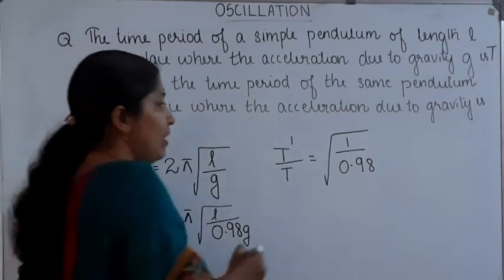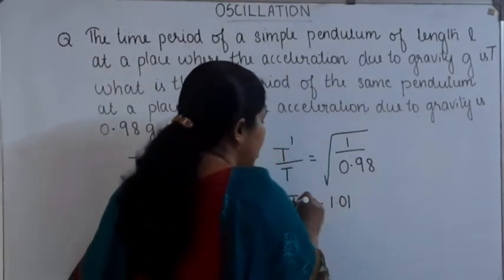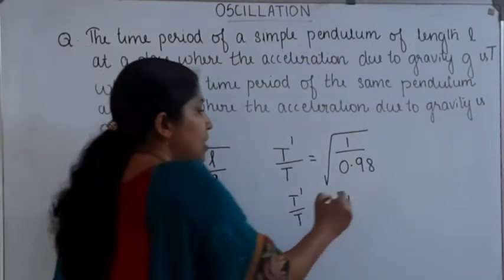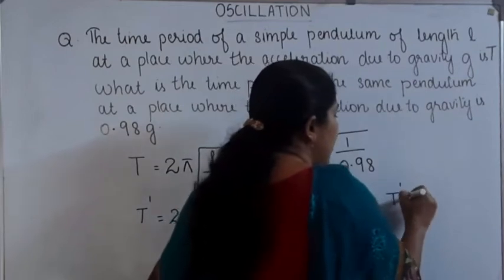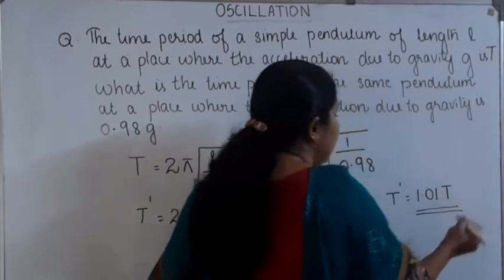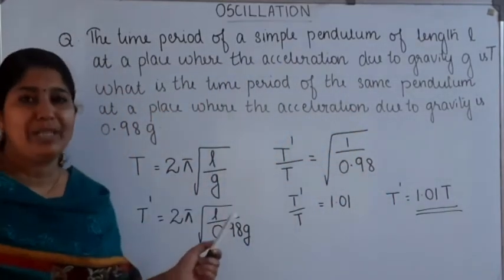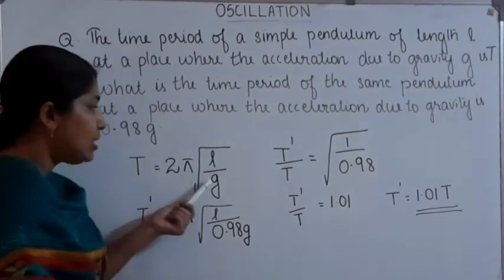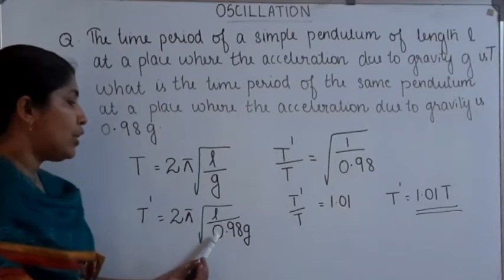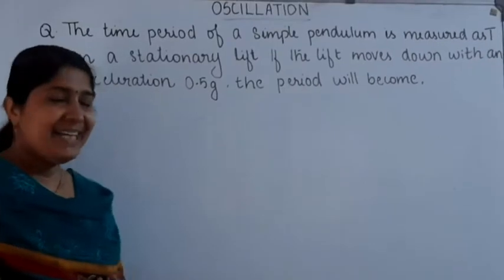On solving this, T dash divided by T is equal to 1.01. So T dash is equal to 1.01 T. This is the new time period, where acceleration due to gravity g is replaced by 0.98 g.